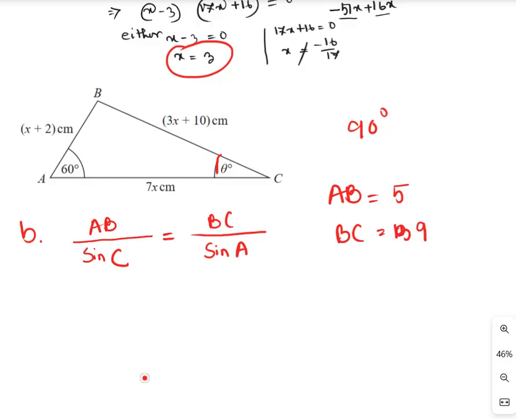Pardon, this will be 9 actually, because 3 times 3 is 9 and this is 10, so it will be 19, right? So let's plug in all these values.